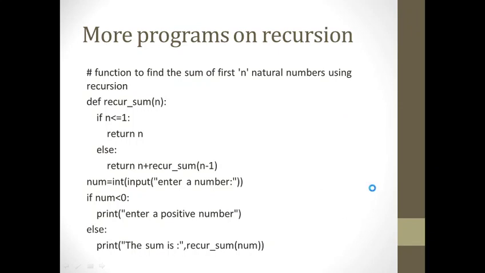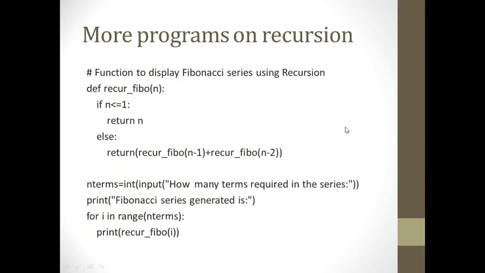The next program we will see here is the Fibonacci series. You know what the Fibonacci series is? A Fibonacci sequence is a sequence of integers in which the first two numbers are 0 and 1, and all other terms of the sequence are obtained by adding their preceding two numbers.